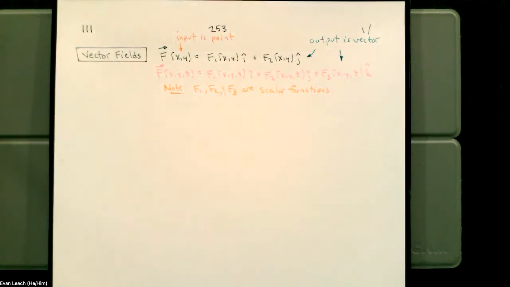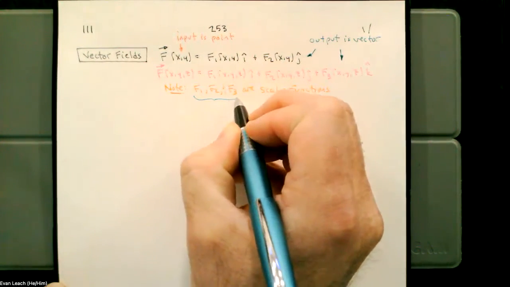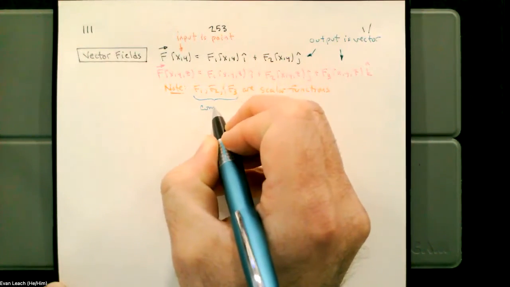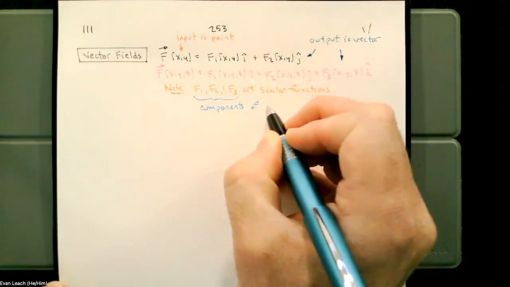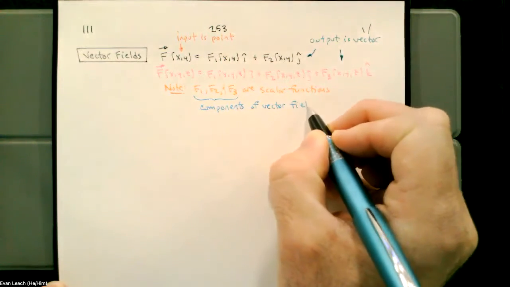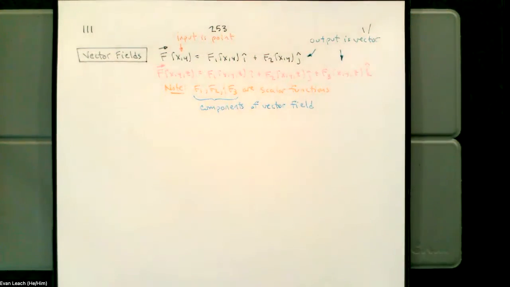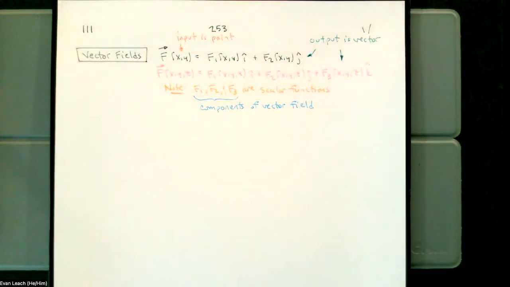So here we have our scalar functions. These are the components of the vector field. So the components of our vectors are going to be scalars.